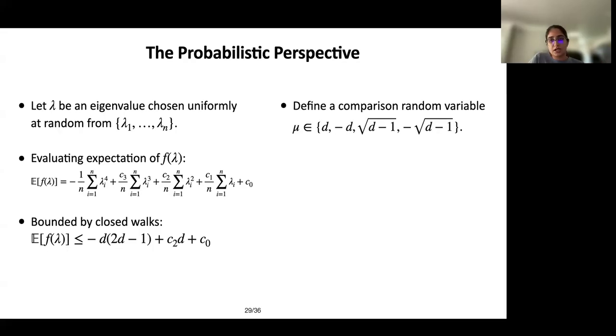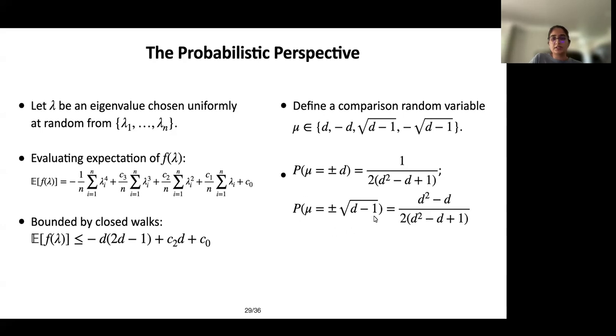Then we introduce a comparison random variable called μ, which takes values between these four real numbers, and it has a probability distribution like so. This is not a random variable that we pull from thin air. It's actually very deliberately chosen, and given this probability distribution, it mimics the eigenvalue distribution of our extremal graphs.